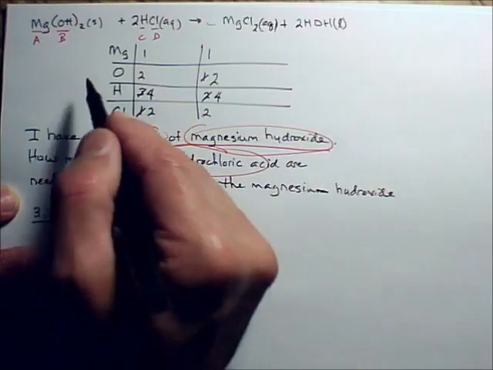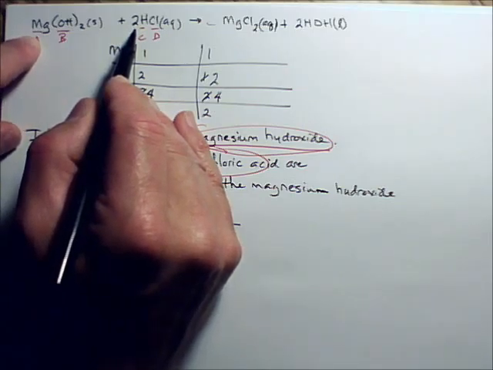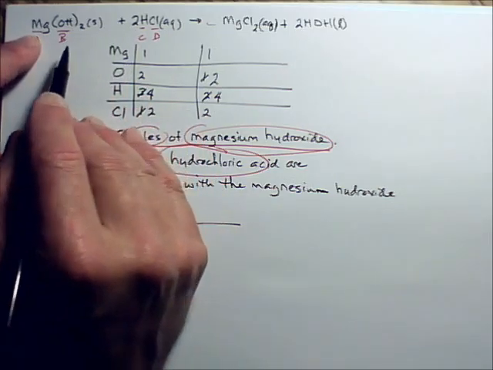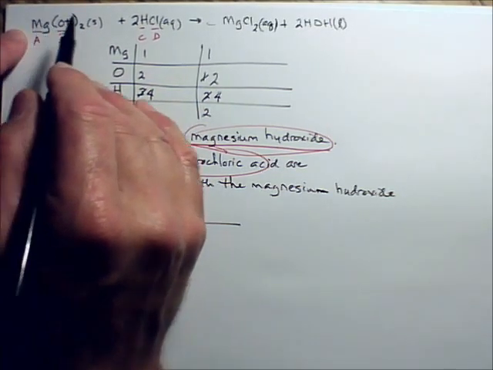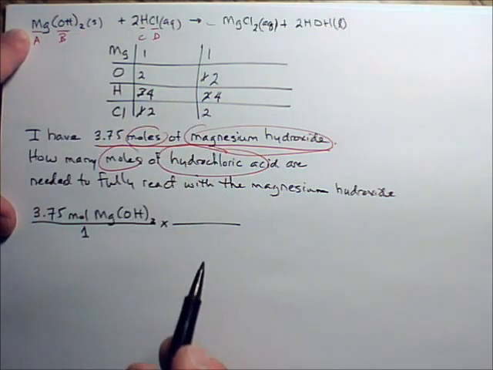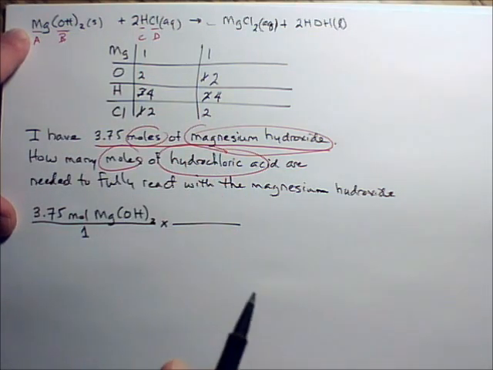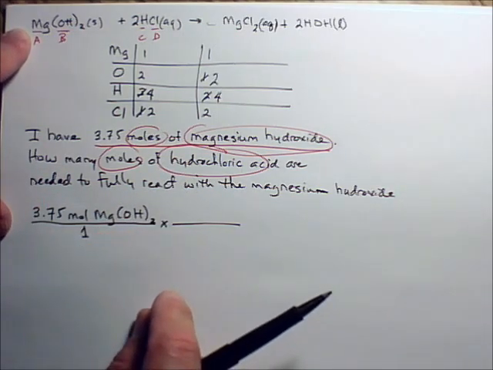So to do that, we're going to use the molar ratio that is implied in the balanced equation. Now, you can look at these coefficients as meaning 1 formula unit of this and 2 formula units of this. But if you'll remember, how many of these formula units are in a mole?